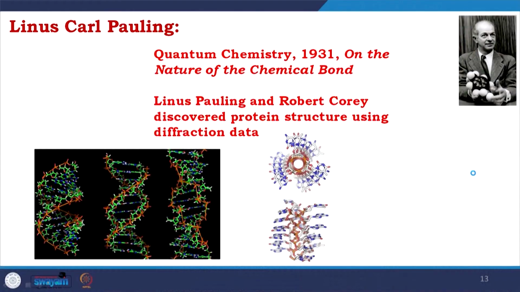They are in A, B and Z forms, and we know which form comes when. What is not mentioned regularly is that the first model came from Pauling. This is the first model where he talked about the helical nature of DNA. So, the first breakthrough, the first concept, was given by him.